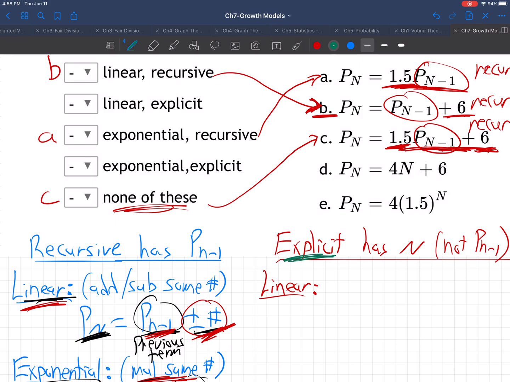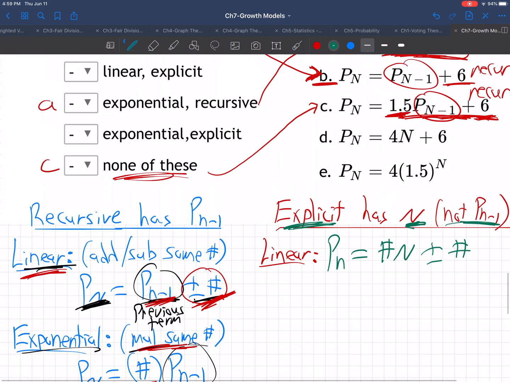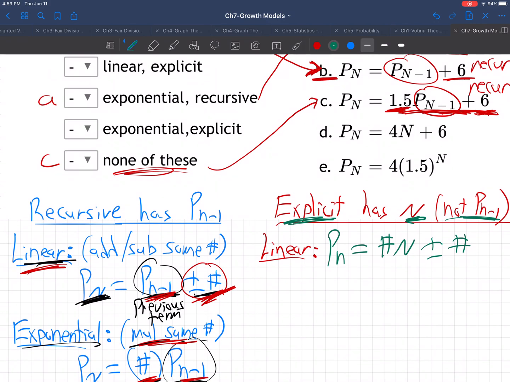Now, explicit linear formula, remember, these have n on the other side, not p sub n minus 1. So that's going to be something of the form, a number times n plus or minus a number. It's kind of like mx plus b. Well, it's linear.